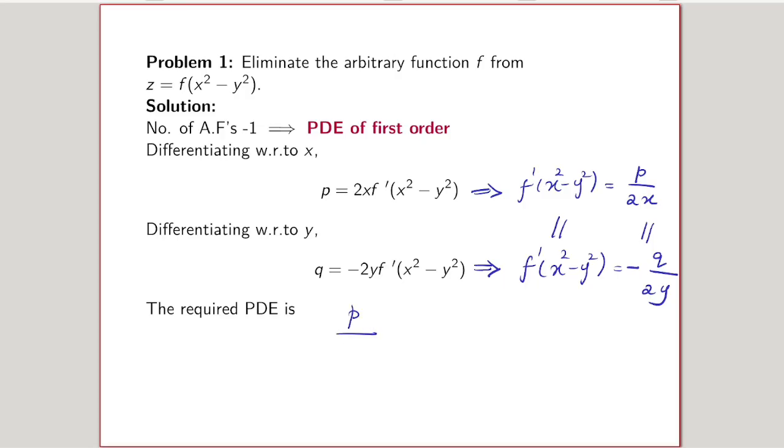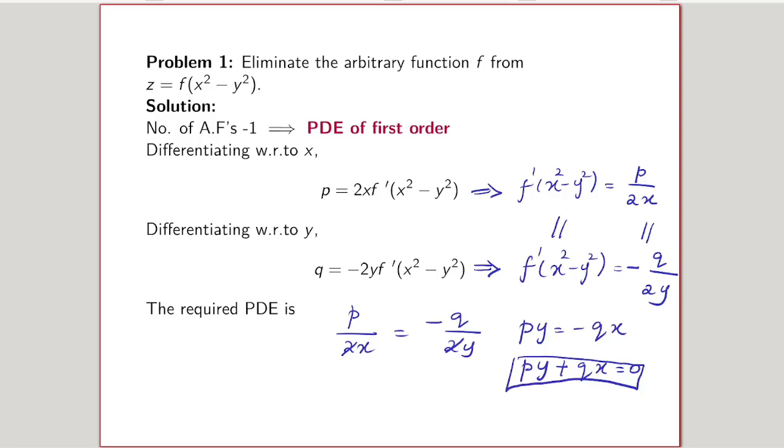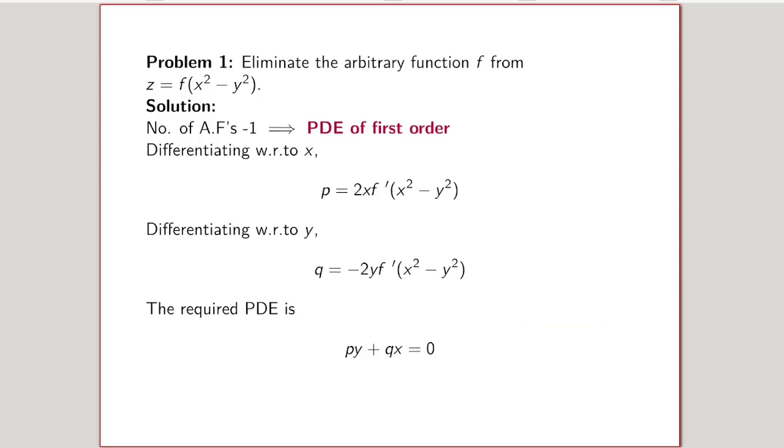So p divided by 2x is equal to minus q divided by 2y. We can cancel the 2 on both sides. So we'll be getting py equal to minus qx, or this can be written as py plus qx equal to 0. So this will be our required PDE of first order: py plus qx is equal to 0.